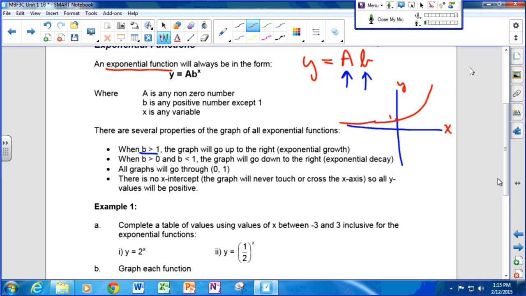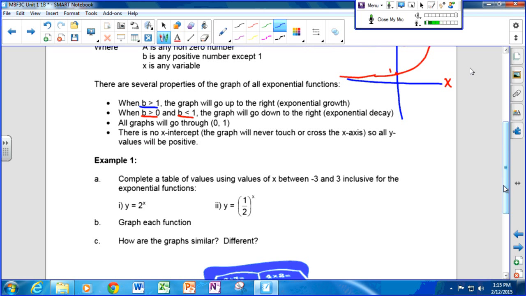Now, when our value of b is greater than 0 and less than 1, the graph is going to go down and to the right. So let's see if I can draw this. This is our x, this is our y, and so the exponential decay is going to look something like that.